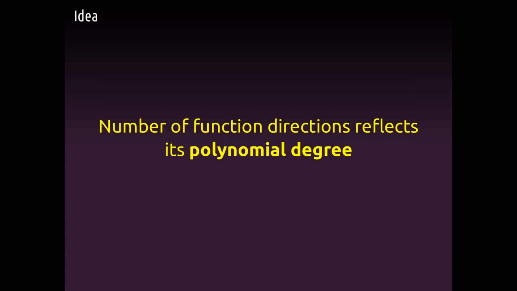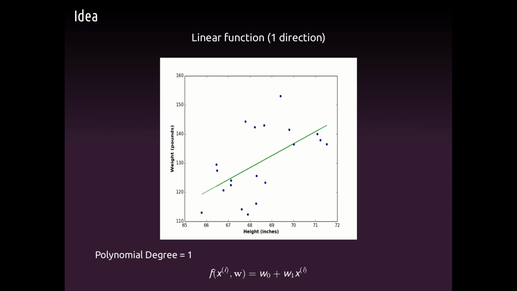And the number of directions of a nonlinear function always reflects its polynomial degree, as I have mentioned before. So here, for instance, the linear function is a polynomial function of the first degree, of degree equal to 1.